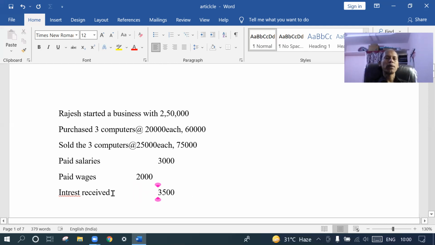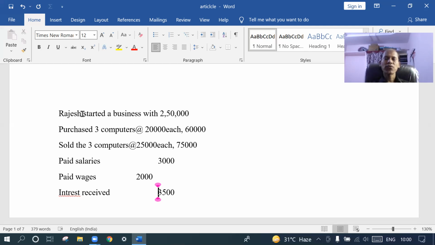Now we are going to create a company on the name of Rajesh, and we have to create the ledgers. That is the second step.